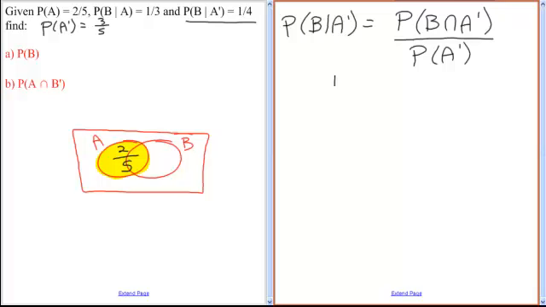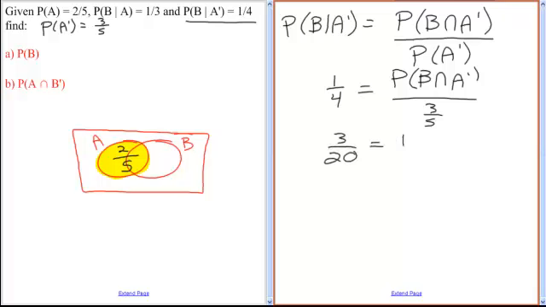So when I plug in my information, I know 1/4 equals the probability of that intersection all over the probability of the complement, which was 3/5. So I'm dividing by 3/5. So to get rid of the division, I'm going to multiply both sides by 3/5. Therefore, 3/20 equals the probability of B intersecting with the complement of A.